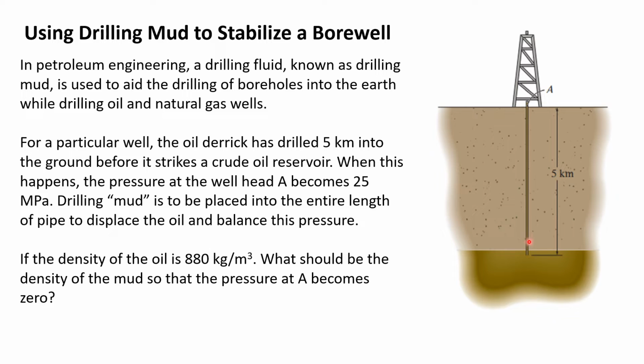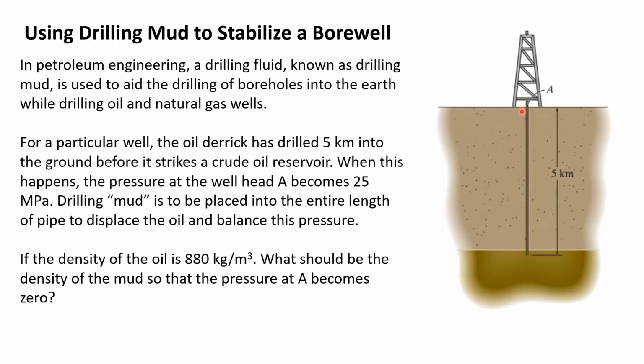But what happens is that as the pressure builds up due to the oil inside this bore well, it can collapse the bore well. So what's done is you mix up a drilling fluid, which is called drilling mud, and you adjust the density such that the pressure at A becomes zero.